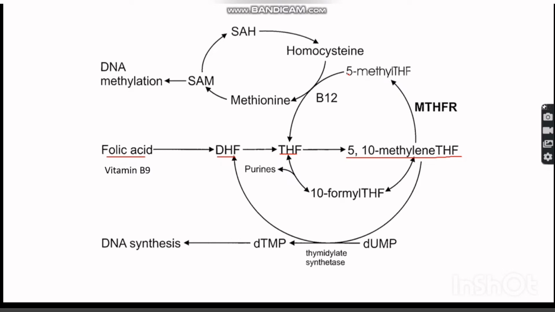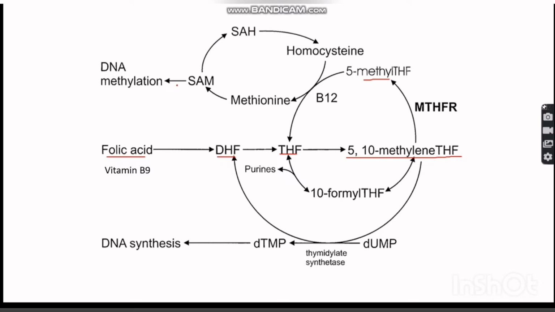Then this 5-methyl tetrahydrofolate is converted into tetrahydrofolate, and in this reaction, with the help of methionine synthase, which requires cofactor vitamin B12, it gives its methyl group to homocysteine, which is converted into methionine.